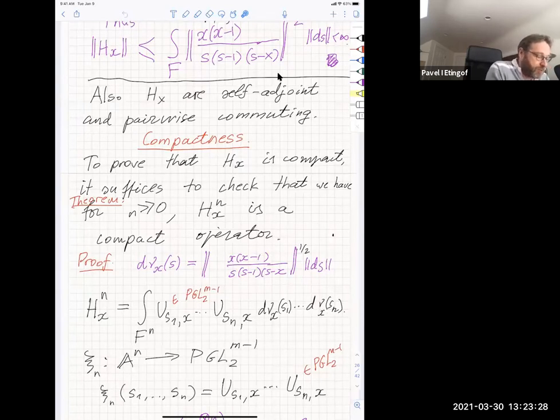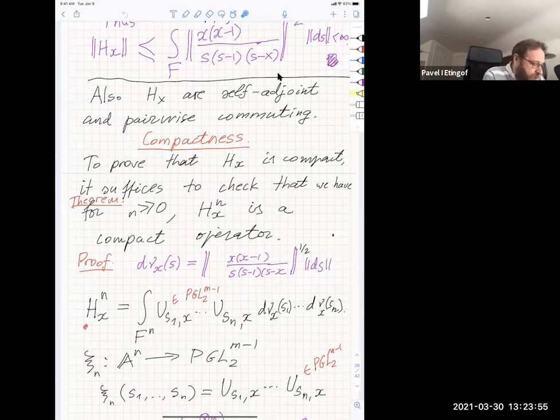So what it suffices to check is that h_x to the n is a compact operator for sufficiently big n. For this purpose, I look at this measure, dν_x(s), which is the measure we already used. This is the measure I have to integrate my unitary operator against in order to get h_x.